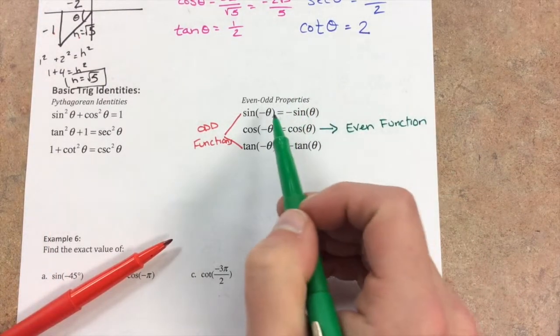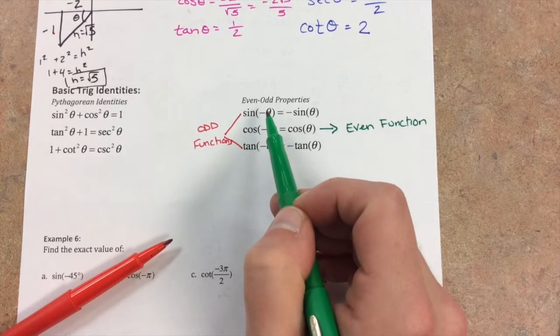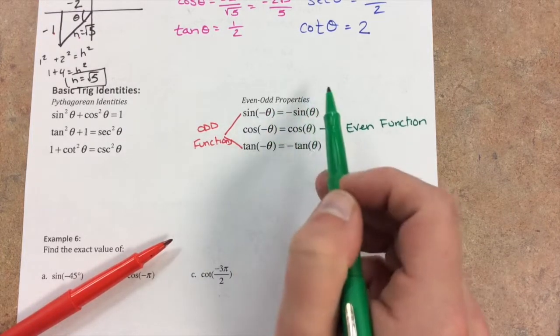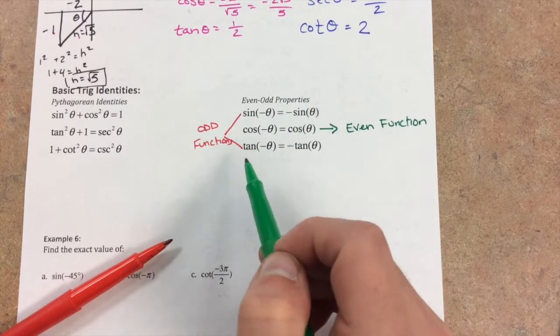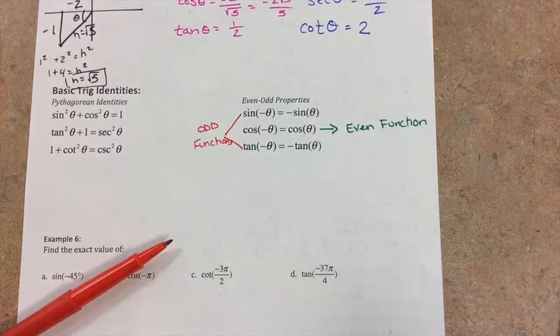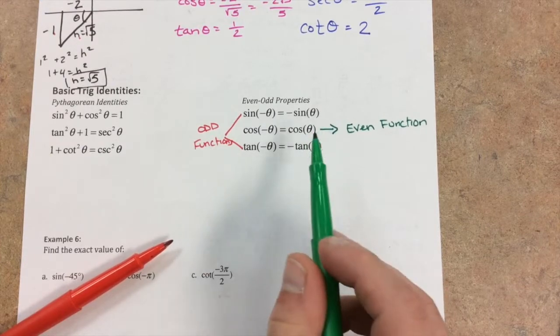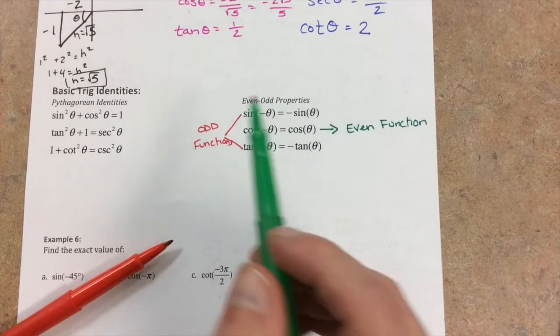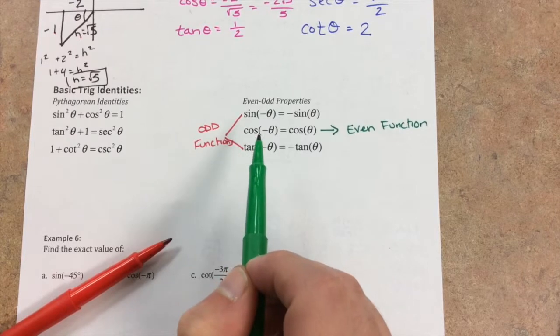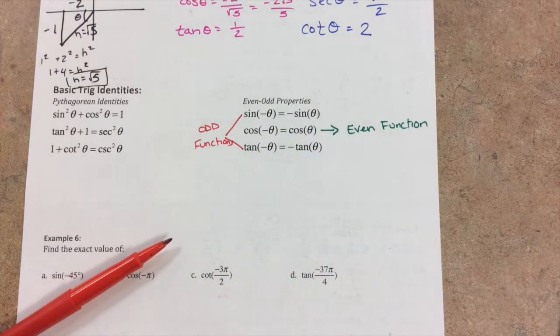So when you plug in a negative angle to sine, it's the same thing as taking the negative sine of that value. Same thing with tangent. If we plug in a negative angle, which means we're going clockwise instead of counterclockwise, then it's just the same thing as the negative tangent of that. And because cosine is even, if we plug in a negative angle, it just takes away the negative, just like if we plugged a negative into x squared.